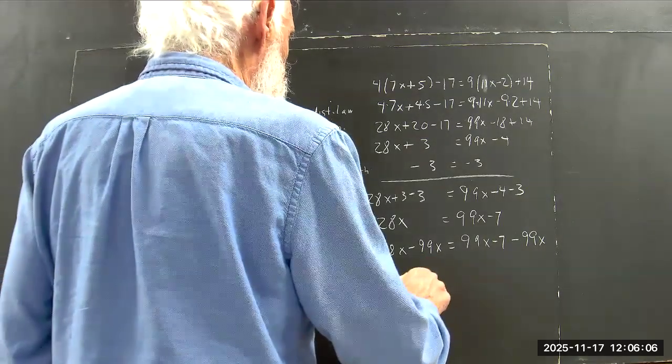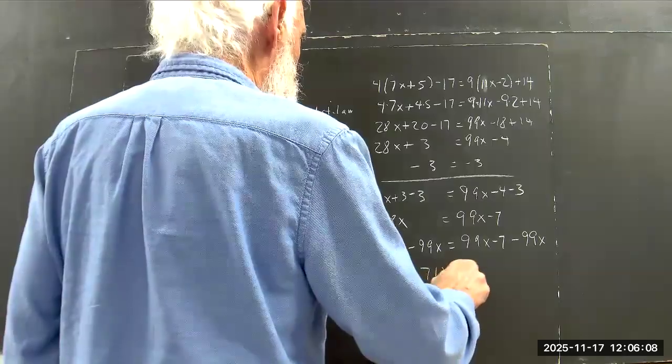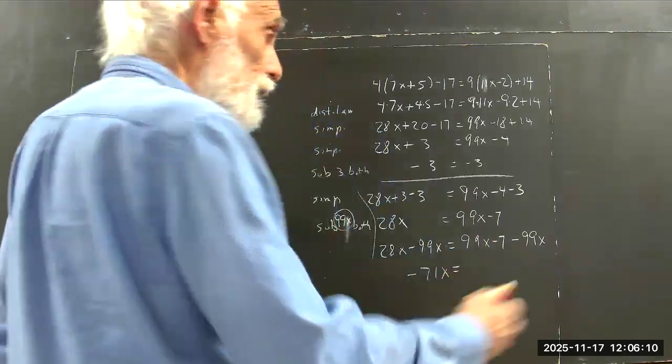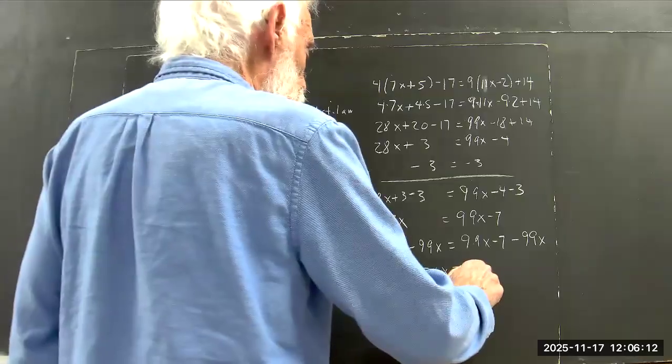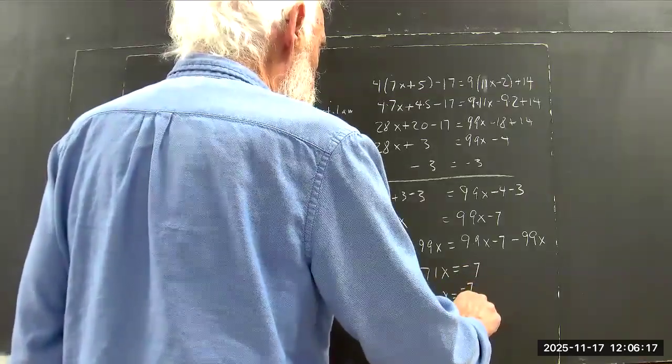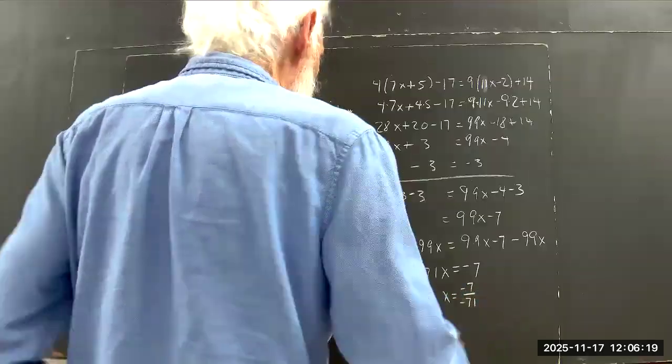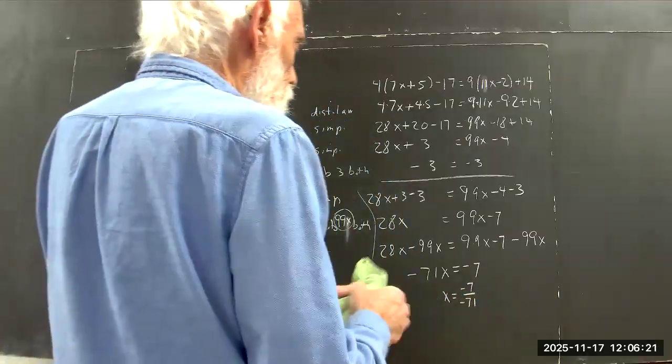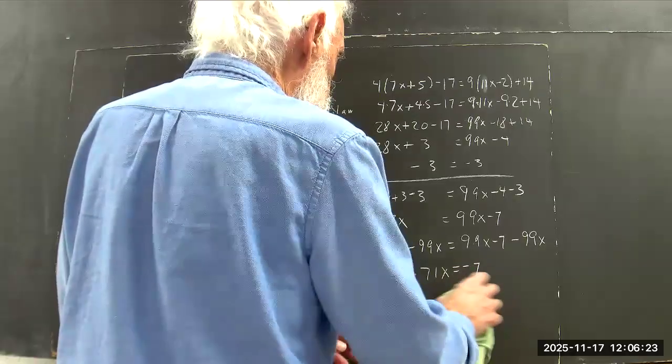28x minus 99x is negative 71x. 99x minus 99x gives us 0. We get negative 7. So x equals negative 7 over negative 71. Well, actually, we don't want to skip a step.